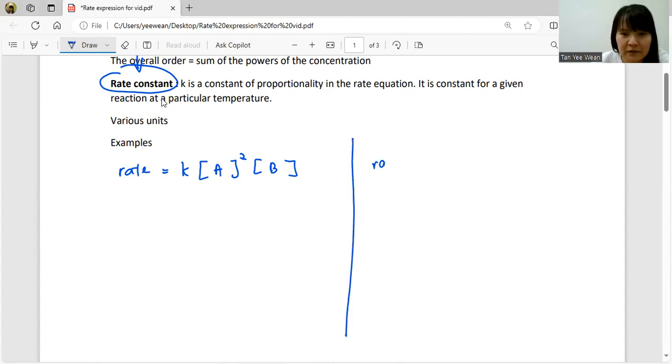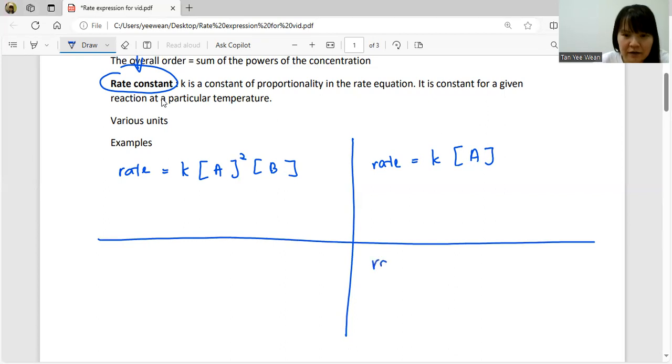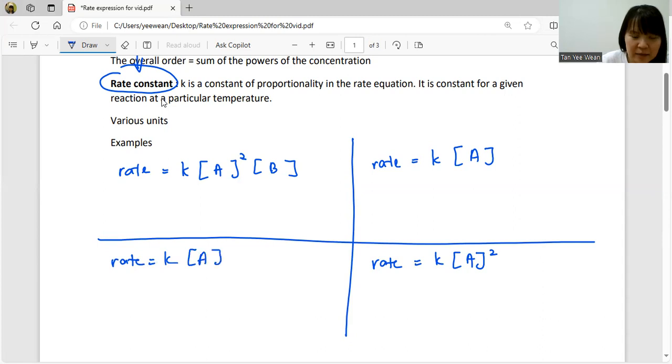And if I have a rate equation like this, what is my unit? If I have rate equals to K A squared only, or if I have rate equals to K A B, what is the unit of my rate constant?